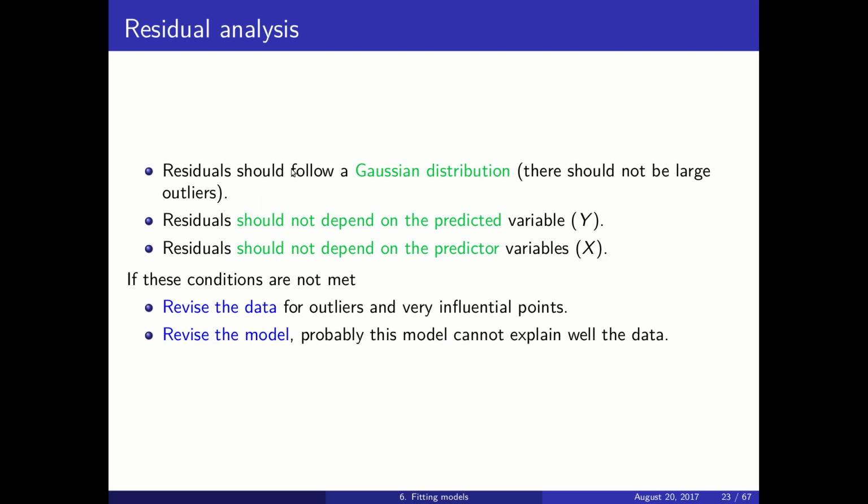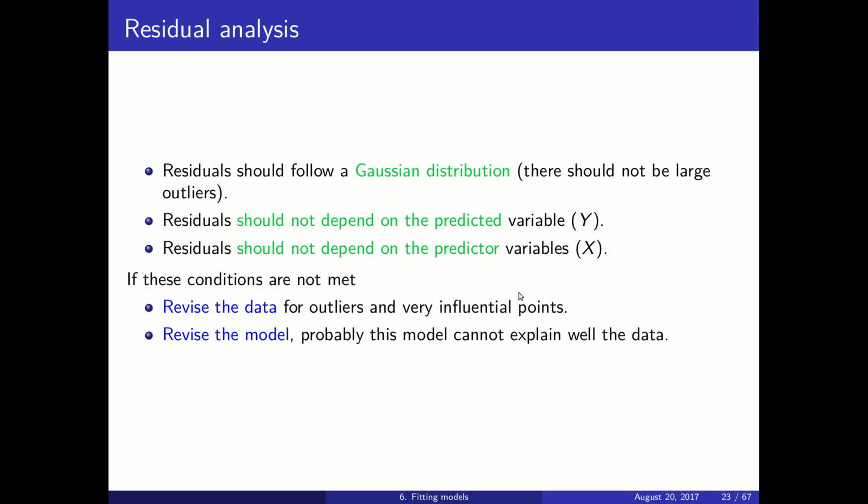So this is a little bit more formal. Residuals should follow a Gaussian distribution, there shouldn't be large outliers, and the residuals should not depend on the predicted variable, and they shouldn't depend on the predictor variables either. If you're doing a multiple regression, residuals should not have a dependence with any one of the predictors.